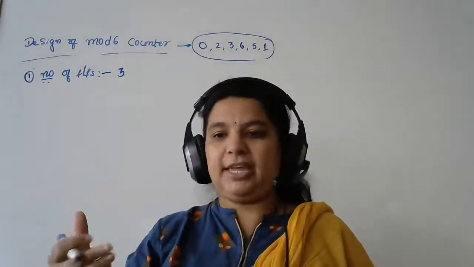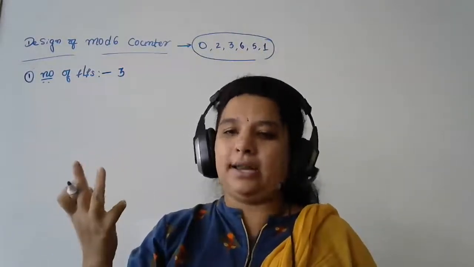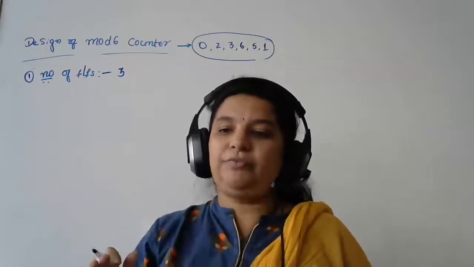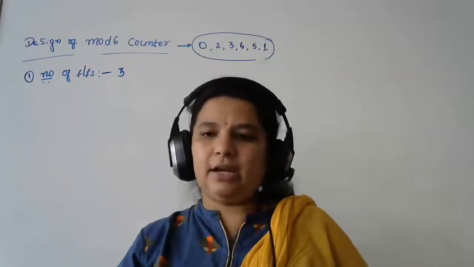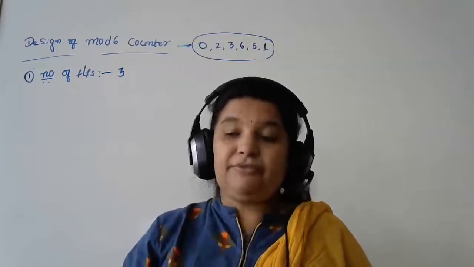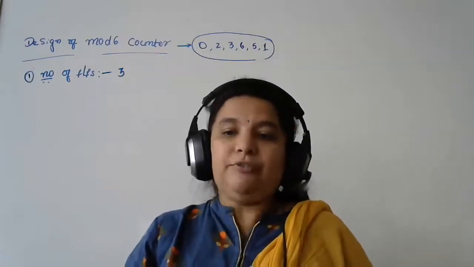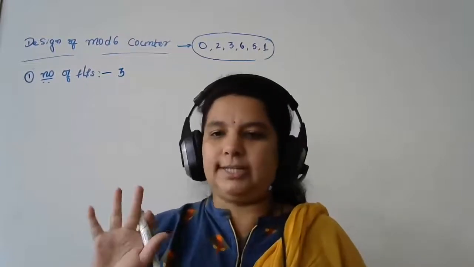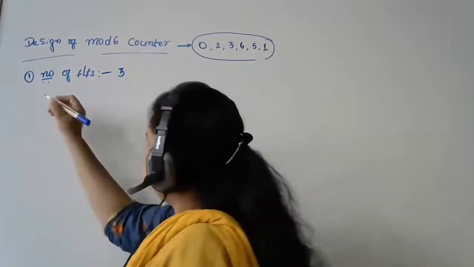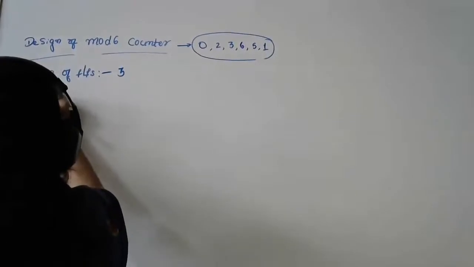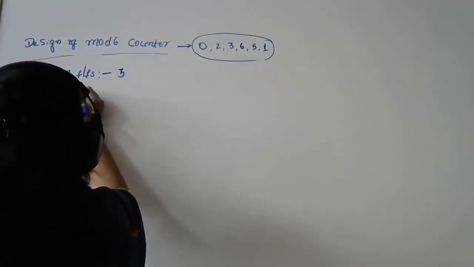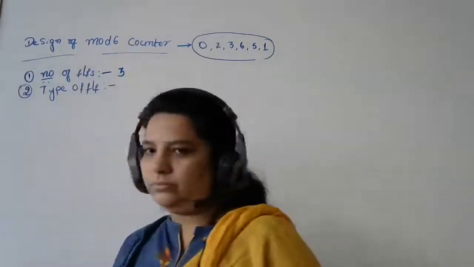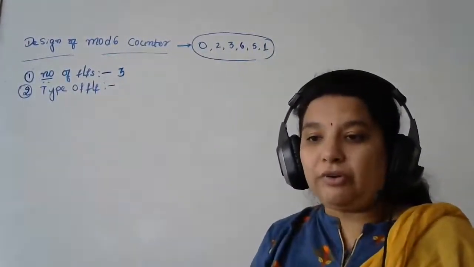It may be JK, T, D or SR. If it is not specifically told which flip-flop to be used, you can always make use of a D flip-flop because it's a sequence. So what's the type of flip-flop I'll be using?